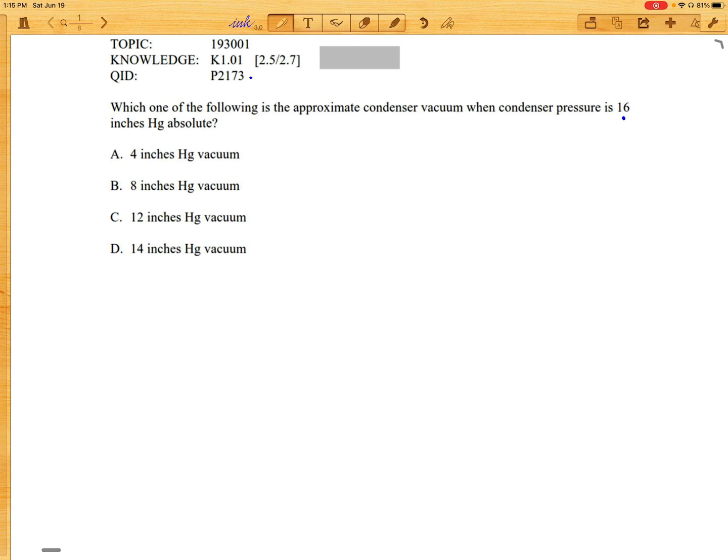So right here, I got 16 inches mercury absolute. I got 4, 8, 12, and 14 inches of mercury vacuum. See that? Vacuum, vacuum, vacuum, vacuum. All right, that's going to tell me a very important thing, that they want this in inches of mercury vacuum.